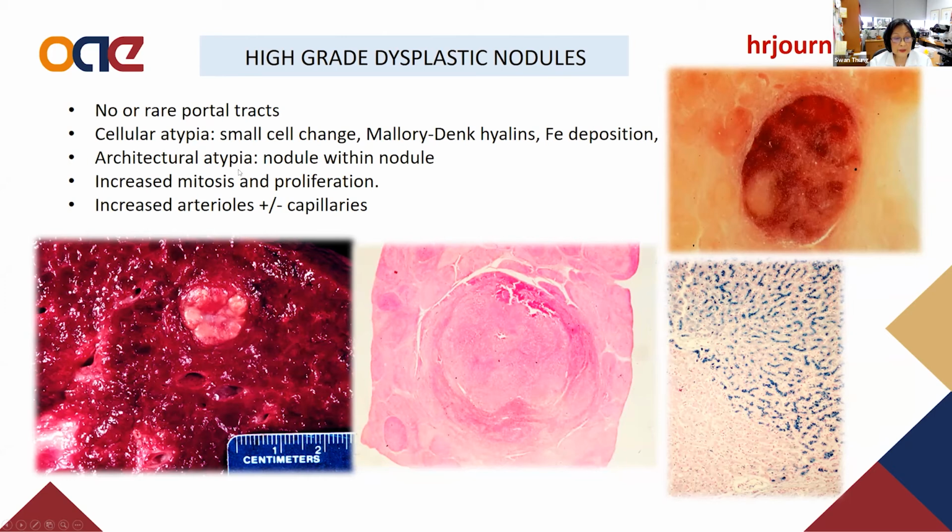The architectural atypia is a nodule within nodule. There is an increase in mitosis and proliferation, and also an increase in arterioles and capillaries. And this would make the high-grade dysplastic nodule detectable on imaging.